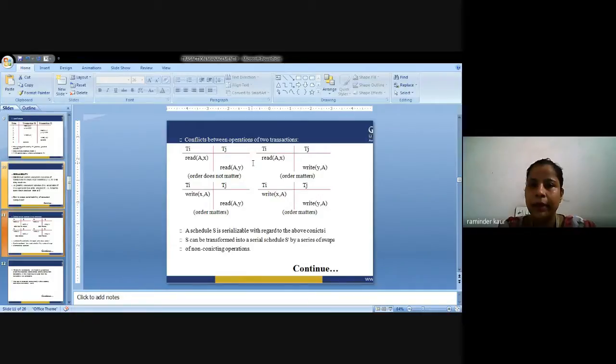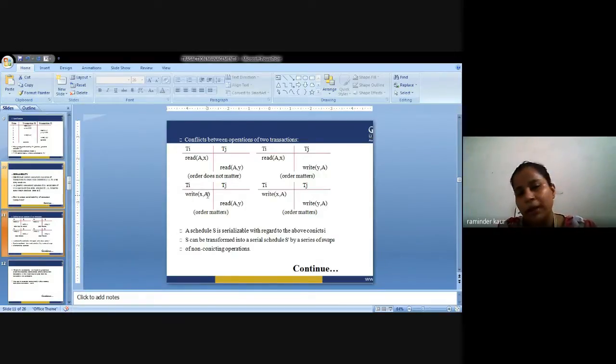But here I am reading and I am writing. If I am supposed to perform any write operation, then order obviously matters, because writing is the actual update where the updation is about to start. Next, here you can see again write XA, read XA.